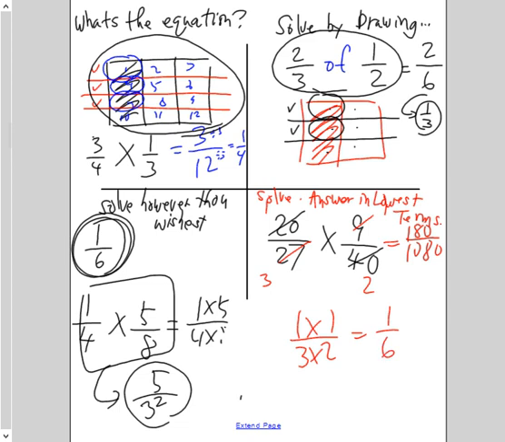When I multiply those out, I get my final answer of 1/6 a lot easier than if I had to reduce 180 over 1080 to lowest terms by using division. Both work, don't they? One way I think is a little bit faster, a little bit more efficient. The other way works too, but this way is a lot easier, I think. Okay?